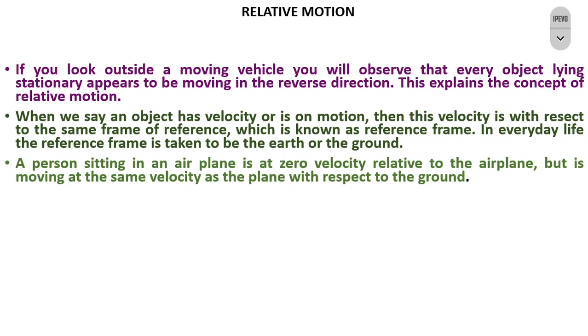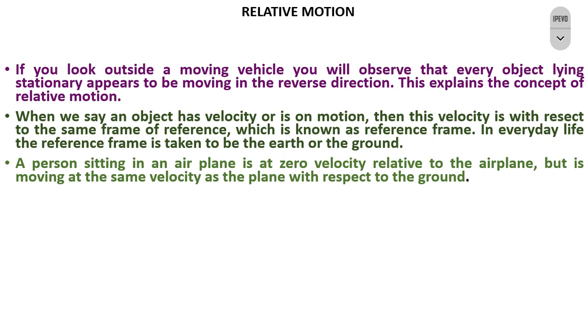A person sitting in an airplane is at 0 velocity relative to the plane. You are inside the plane with a person. The person is sitting and not moving. You are also sitting and not moving. Both of you are sitting down. At that point, you see that you have no velocity. So you are at 0 velocity to the plane, or relative to the plane.